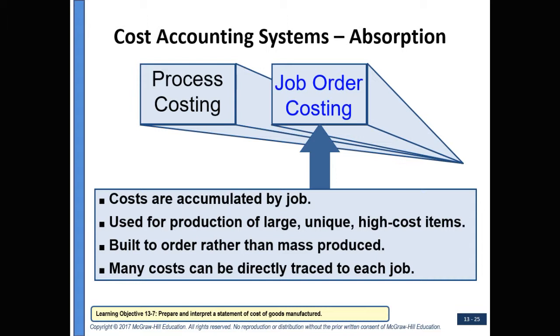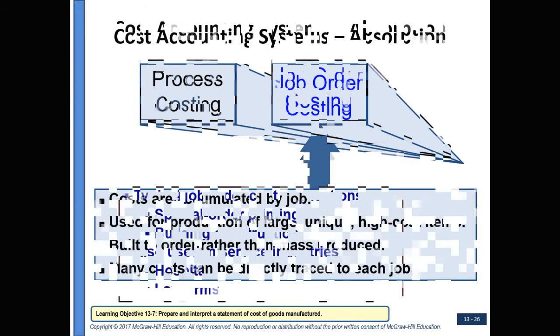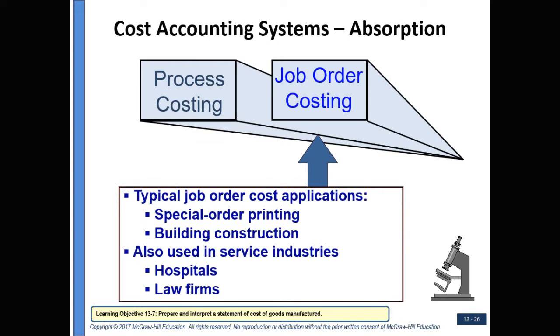Many costs can be directly traced to each job. Special order printing and building construction are typical job order cost applications. Job order costing is also used in some service industries such as hospitals and law firms.